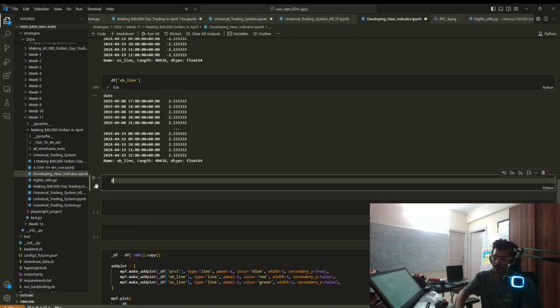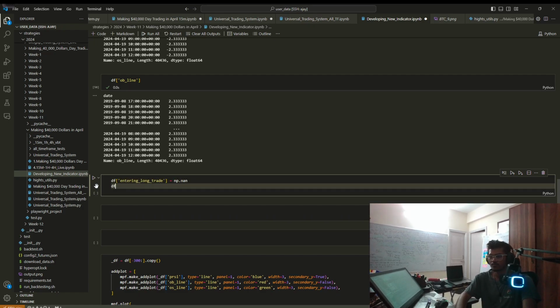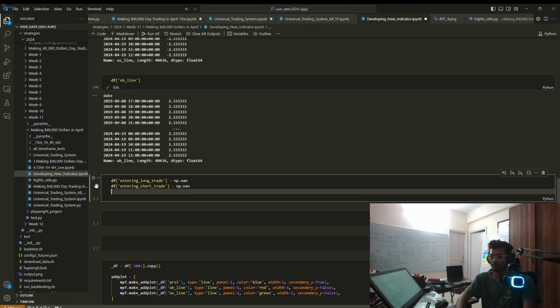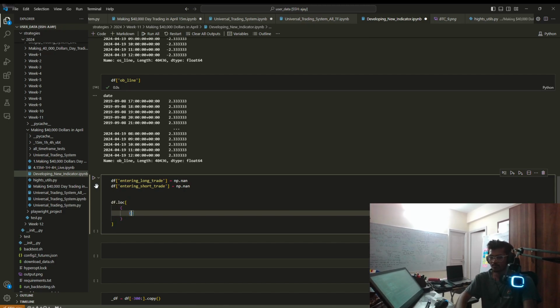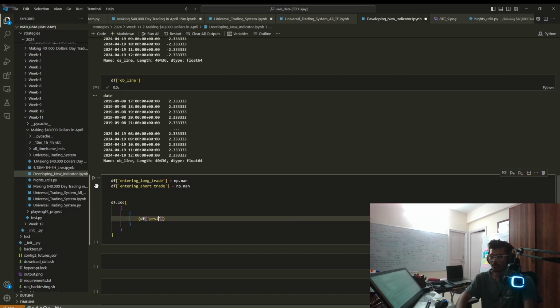Okay, so here's what we do. If PRSI is less than or equal to -2, then oversold condition has occurred. Look for long trade setup.